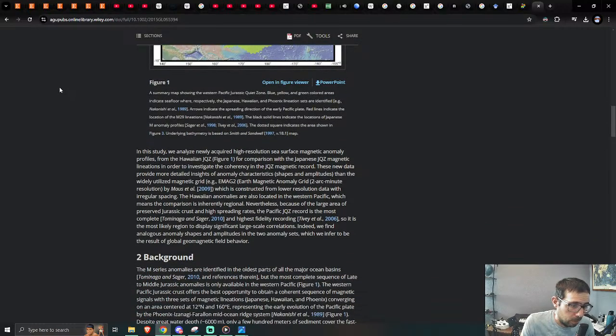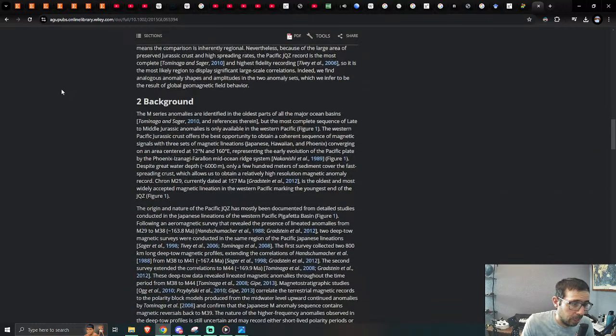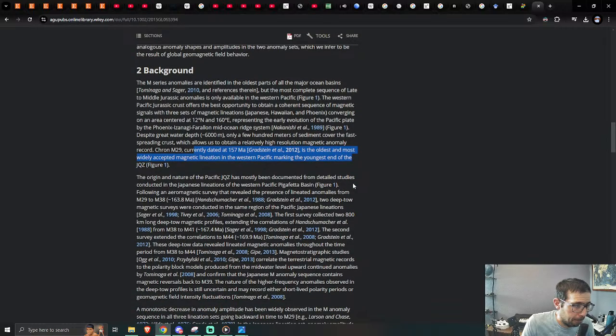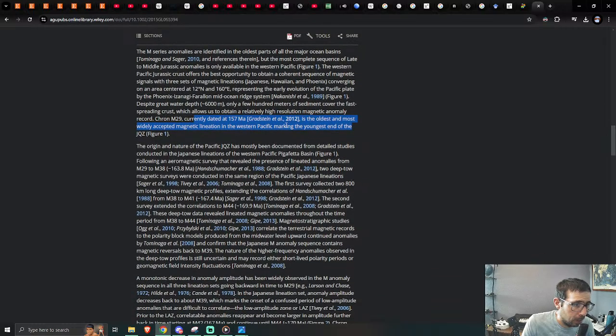Okay, I'm just trying to get a range. The youngest end of the Jurassic Quiet Zone is 157. So that's before Shatsky Rise.